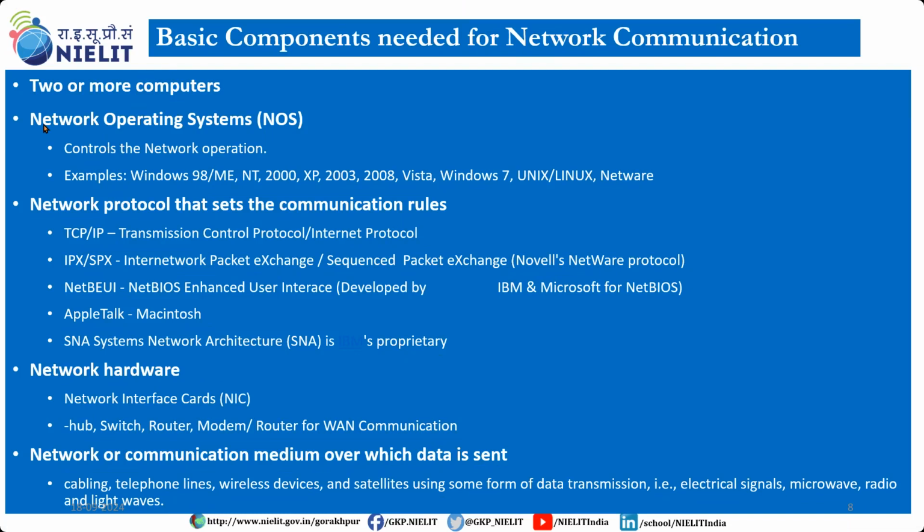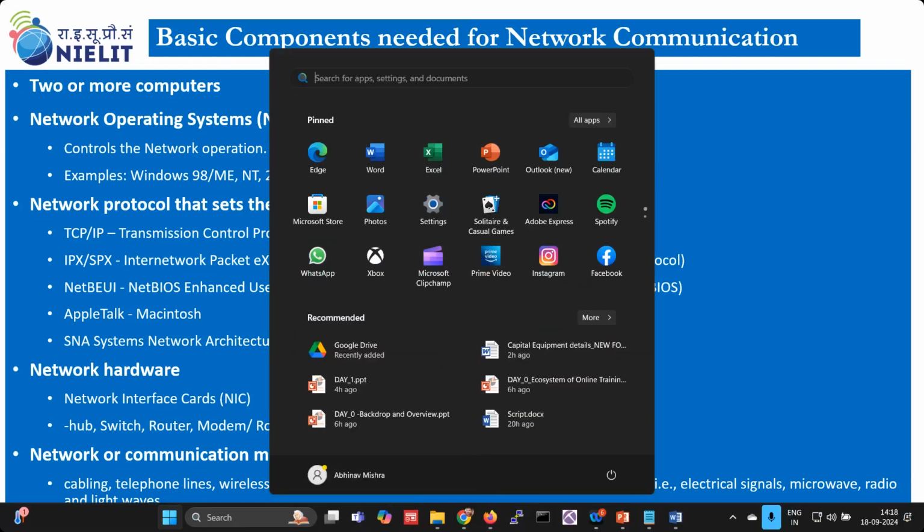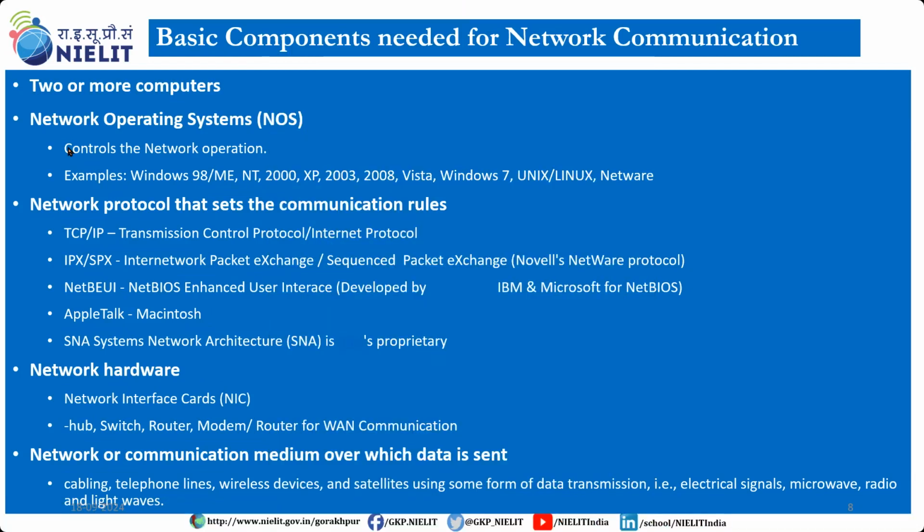And on each device, there should be a network operating system. A network operating system is a special system software which is capable of network operation, which can control the network operation. For example, whatever operating system we are using today, all of them are generally categorized as network operating systems, whether it is Windows 7, Linux, Ubuntu, Windows 11, or Windows 2003 server, 2022 server.